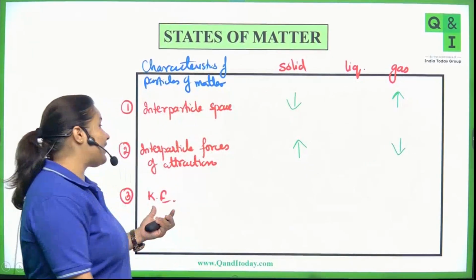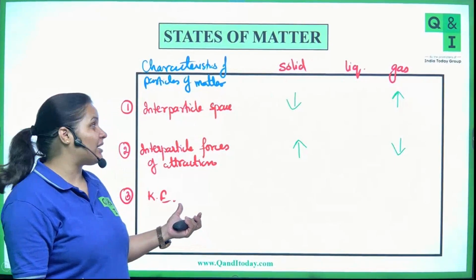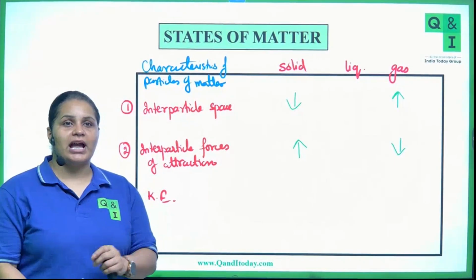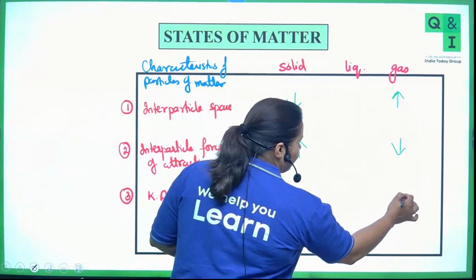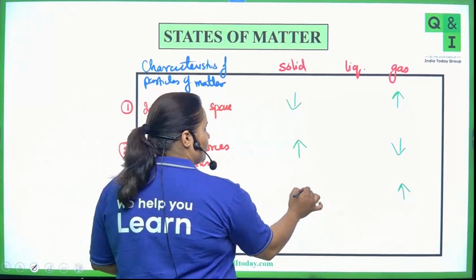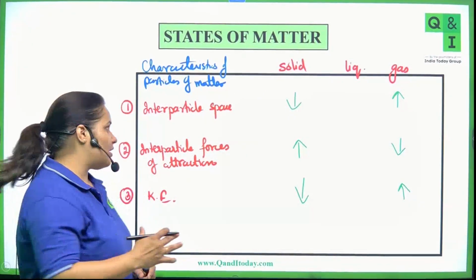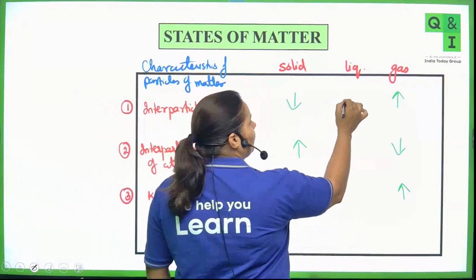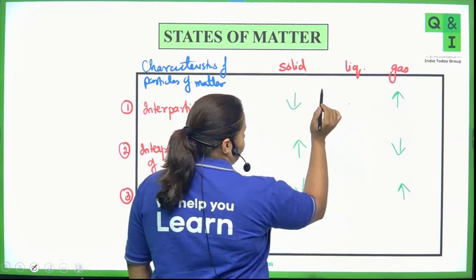Now coming to the kinetic energy. Kinetic energy is highest in case of solid, liquid, or gas? Exactly. The kinetic energy of the particles is highest in case of gas, and it is lowest in case of solid. Right. And when we talk about the liquid, it's moderate, meaning in between the two.